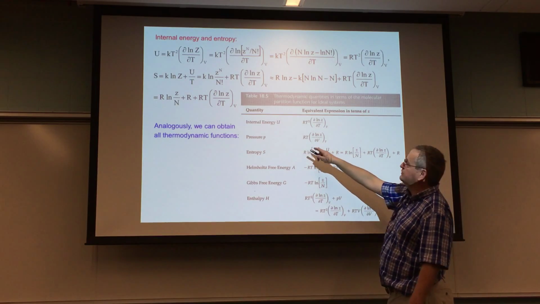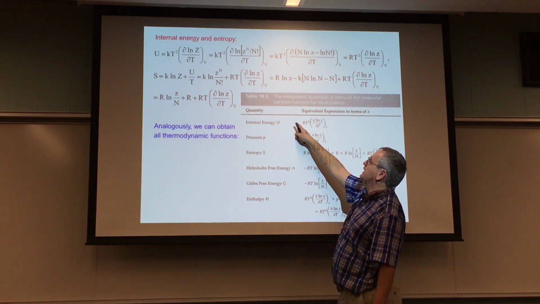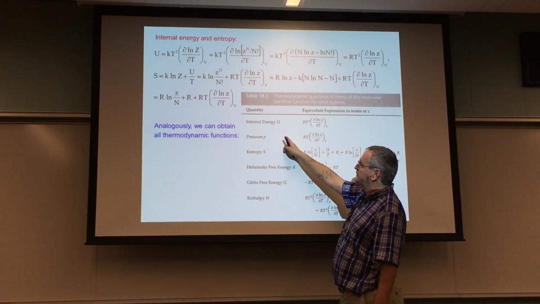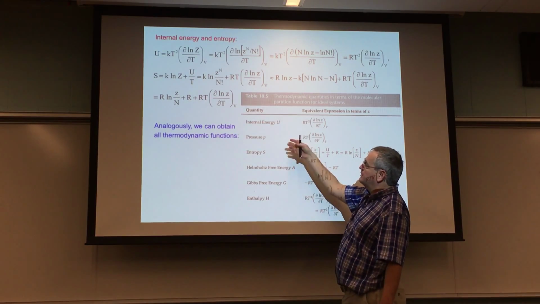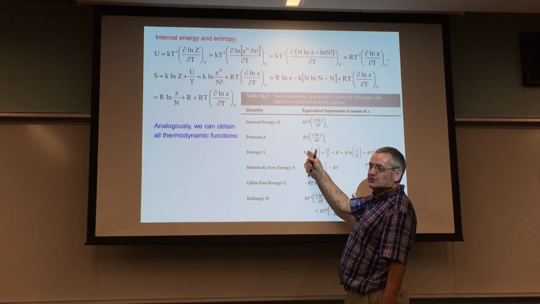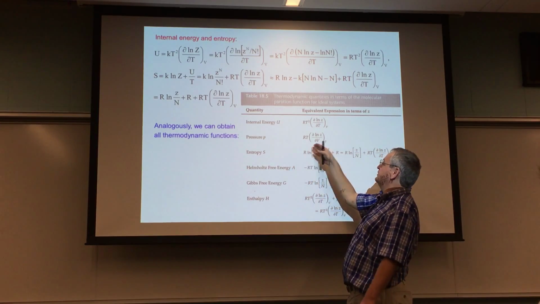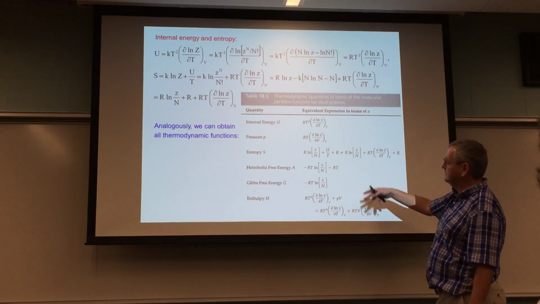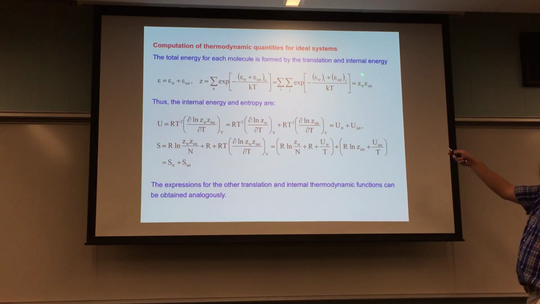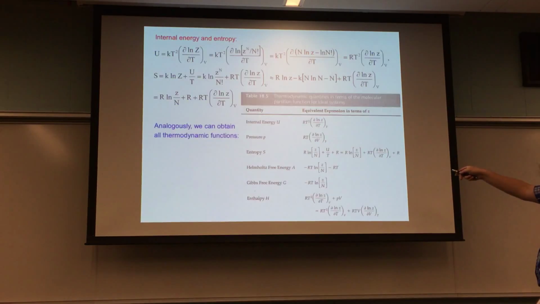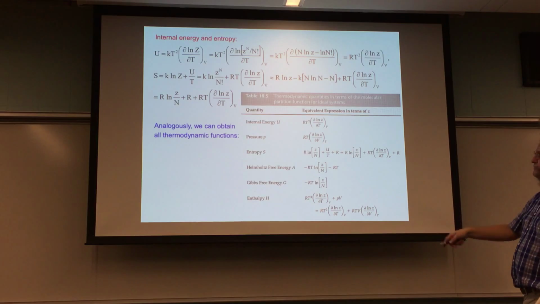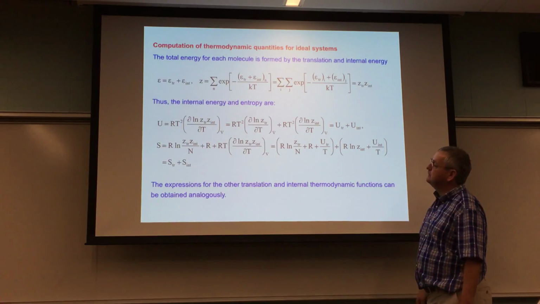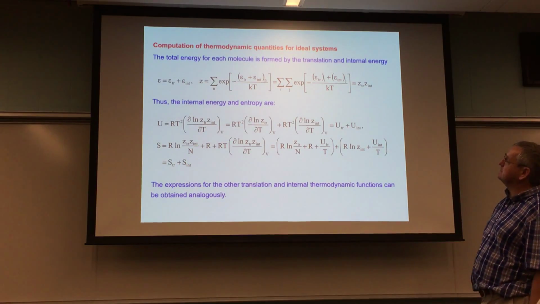So we would have a contribution from kinetic energy and internal energy. Pressure would again have two components, entropy would have a kinetic part and then the other, and so on. Because they are in this product form, and the logarithm of this gives us two terms, all these logarithms would be two terms, and each of them would come separately like this.